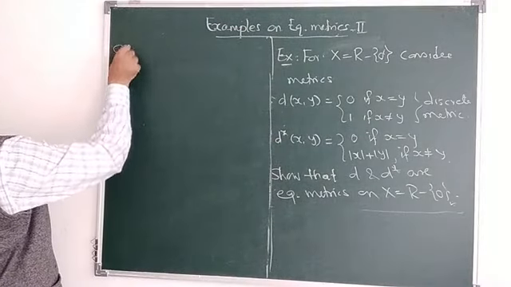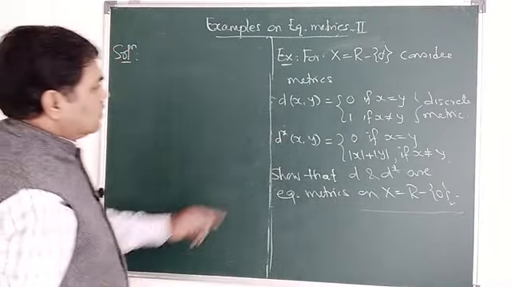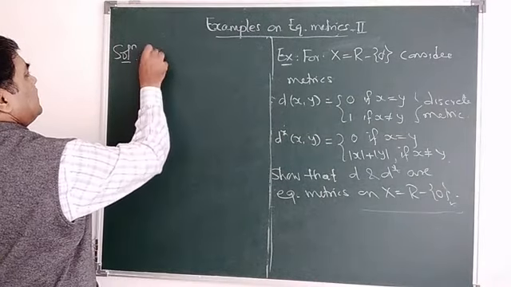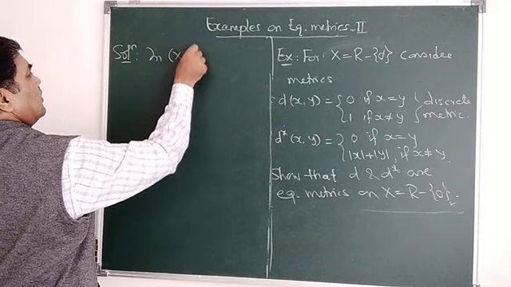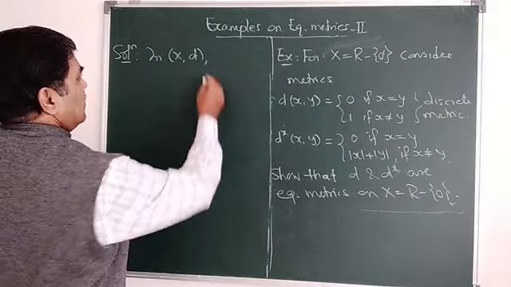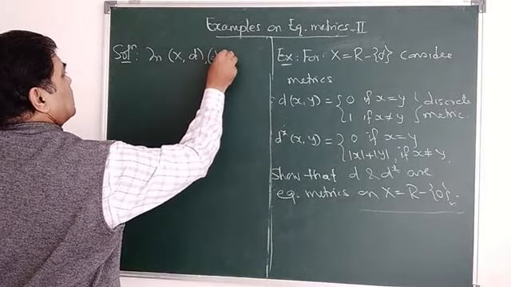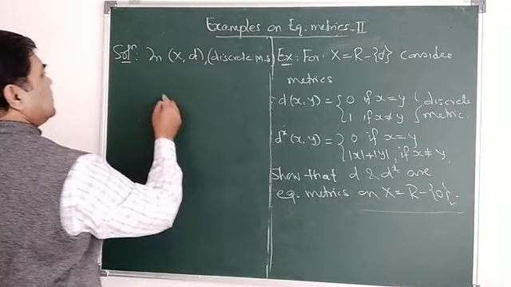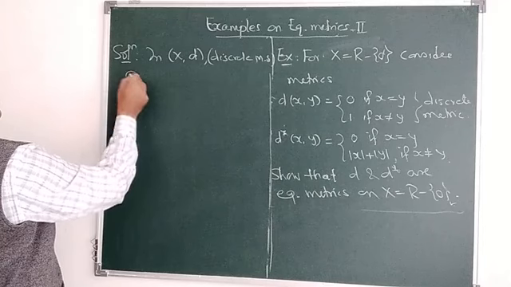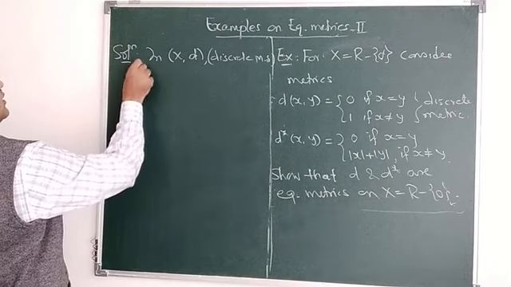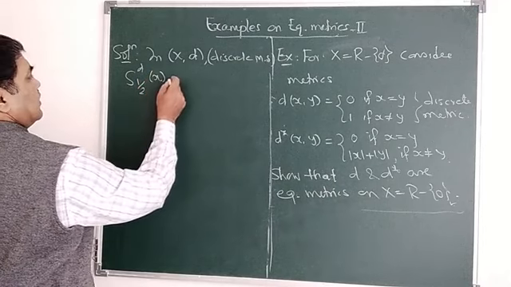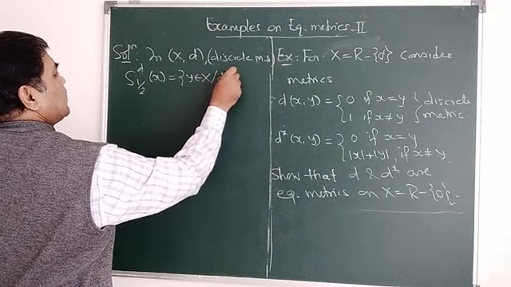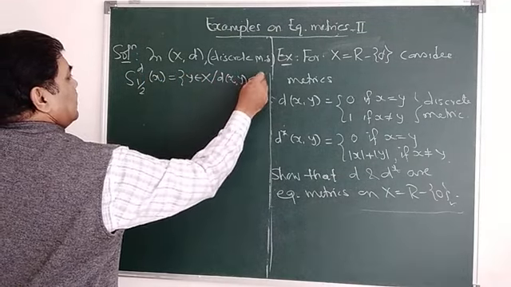So solution: in X D discrete matrix space, S half x is the set of y belongs to x such that d of x y is less than 1 half.